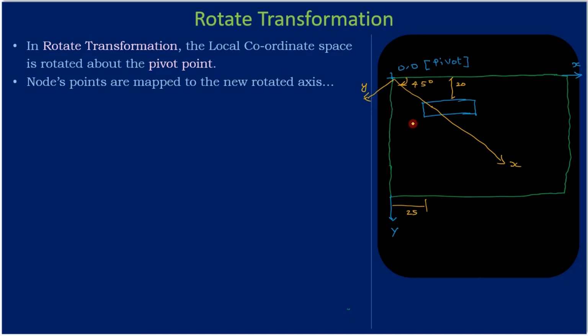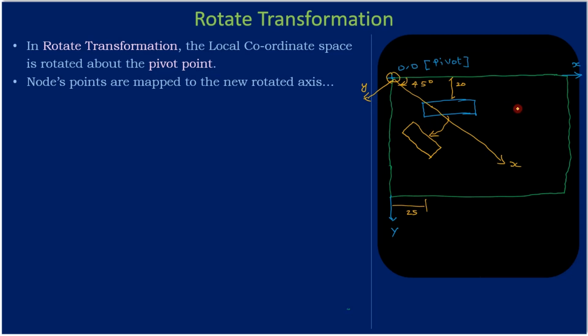Then we will plot the rectangle here, and you see the rectangle is rotated about this pivot point. So 45 degrees it got rotated, but it got rotated based on the translated coordinate.